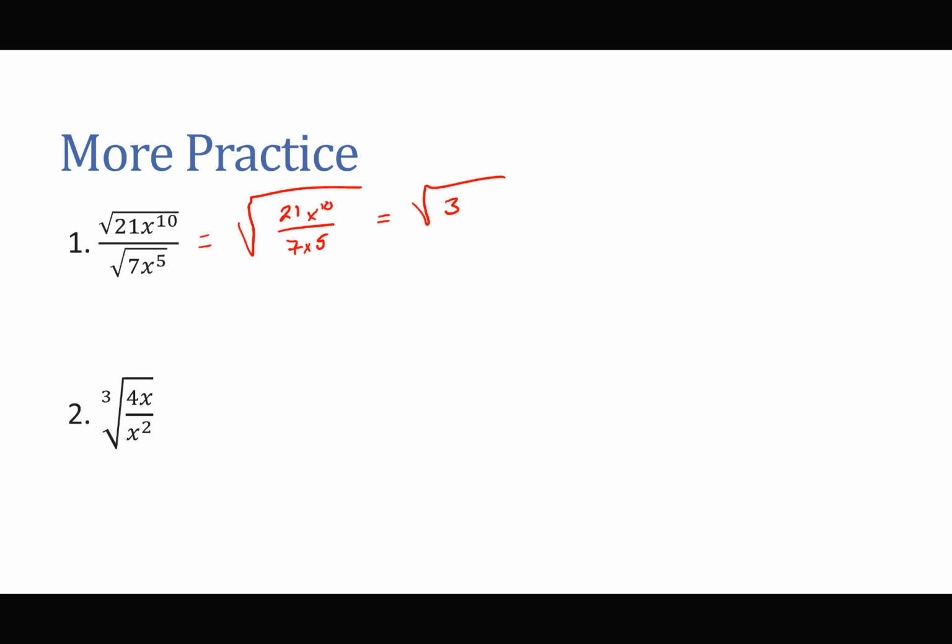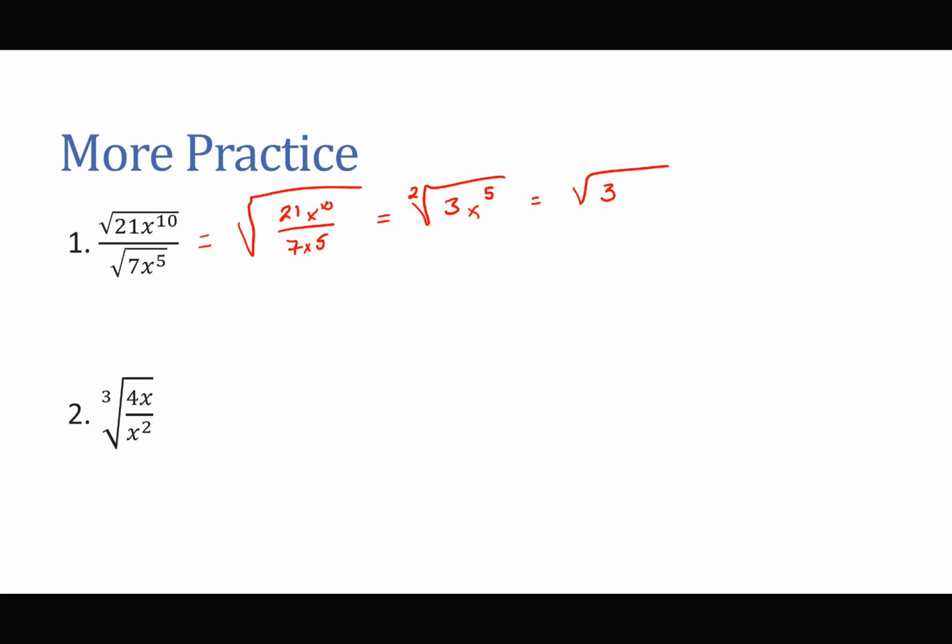x to the 10th divided by x to the 5th is going to be x to the 5th. Do not make the mistake here of doing 10 divided by 5. Remember, these subtract. So this is 3x to the 5th. I'm square rooting this, so let's keep going. So this would be 3.